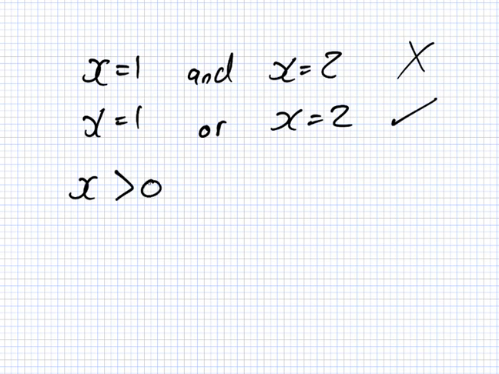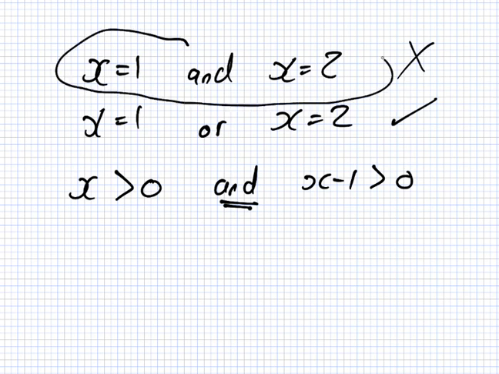X is positive and x minus 1 is positive. Is that possible? Yeah, that's possible. But you can't have it here because you're saying x is 1 and x is 2 at the same time. It's not possible. So it's an or for you.